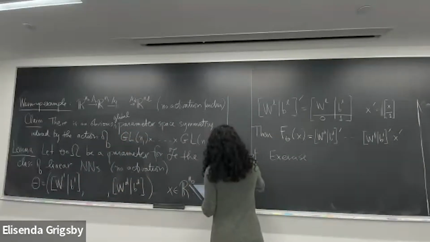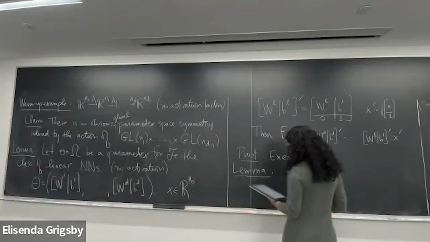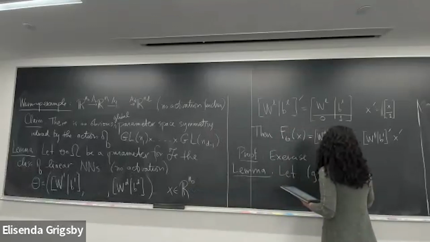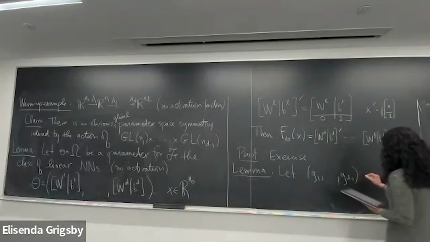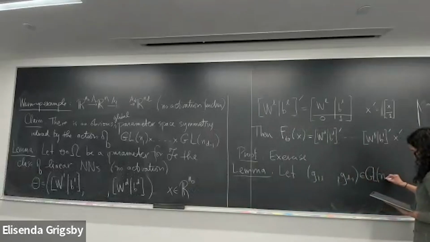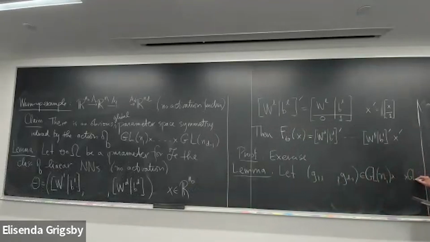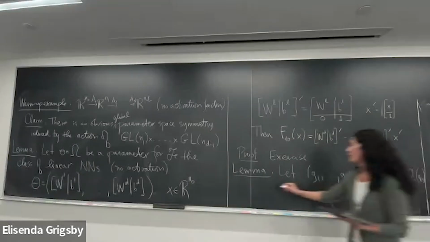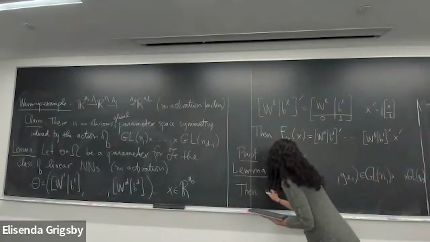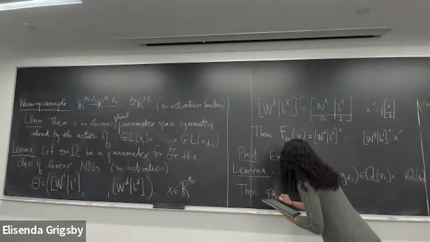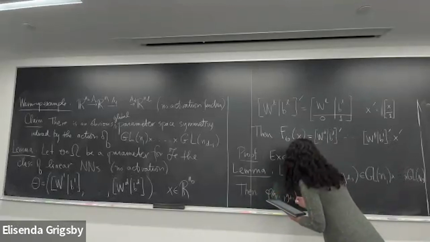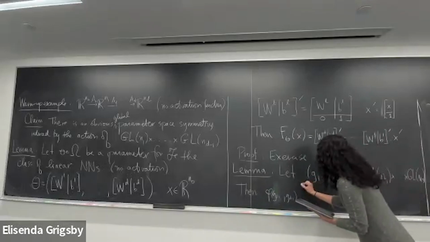So now the next lemma is that if you have an element of this product of general linear groups, then you can act on, I call this phi sub g, phi sub g1 through g d minus 1, acting on one of these parameters.